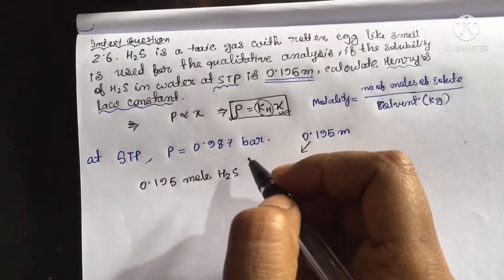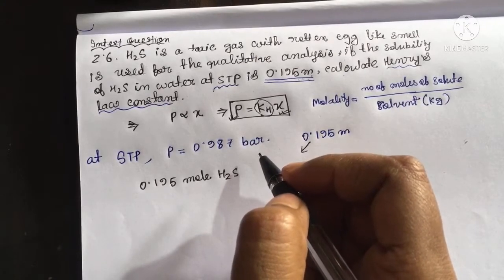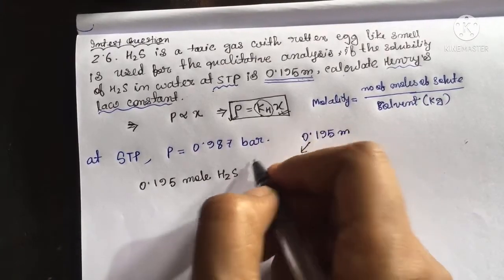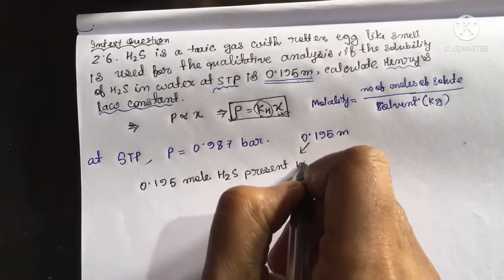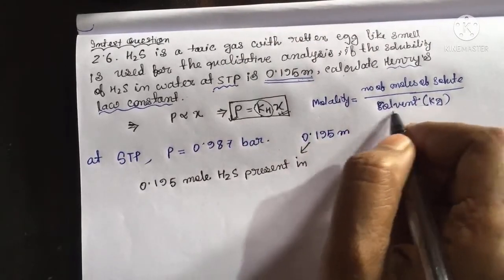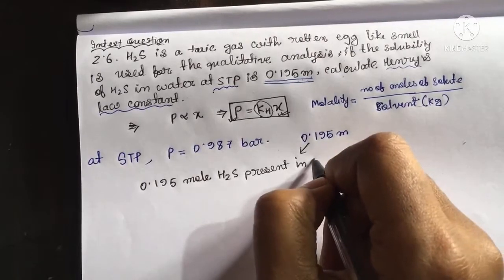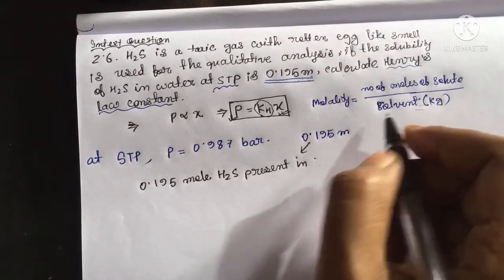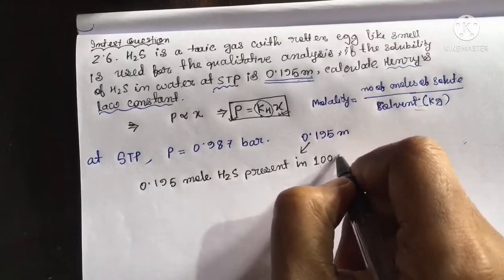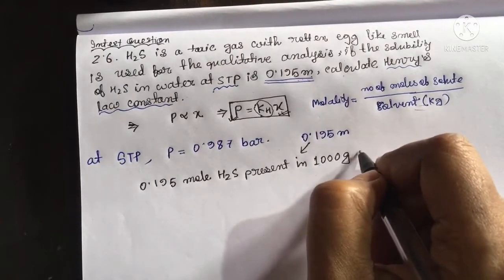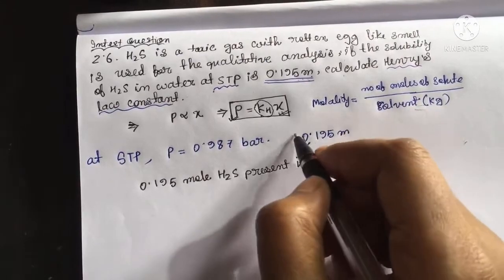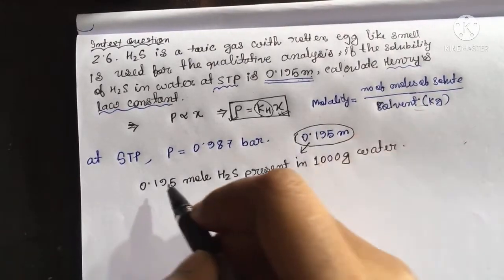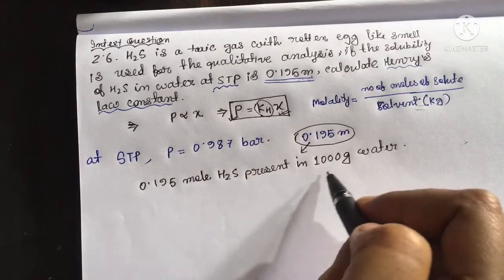Here H2S is the solute, present in the solvent, and the solvent is water. The weight is 1 kg, so in gram it's around 1000 gram of water. From this value we come to know that that much mole of H2S is present in 1000 gram of water.